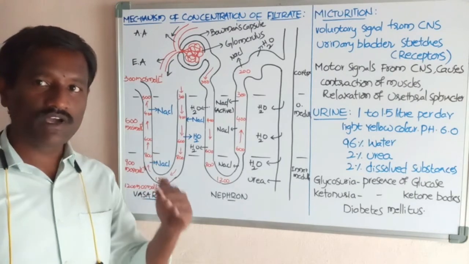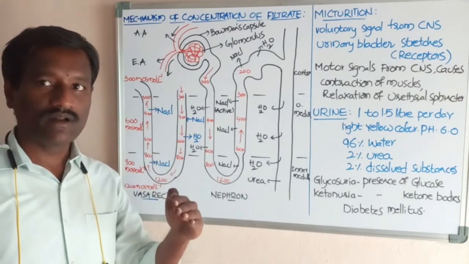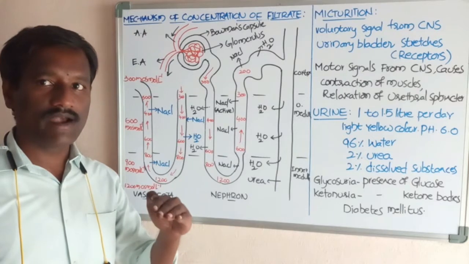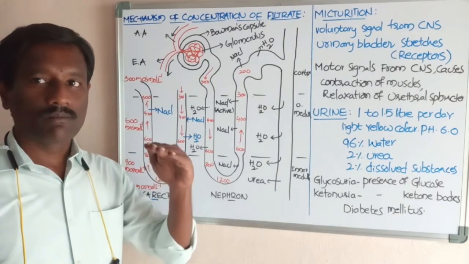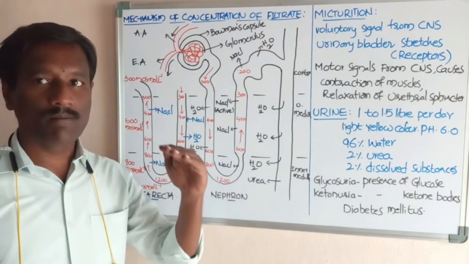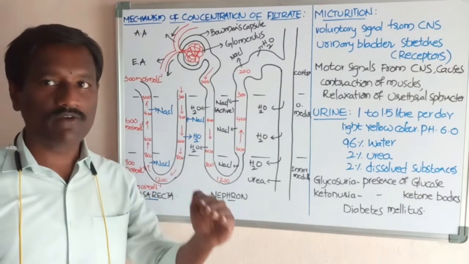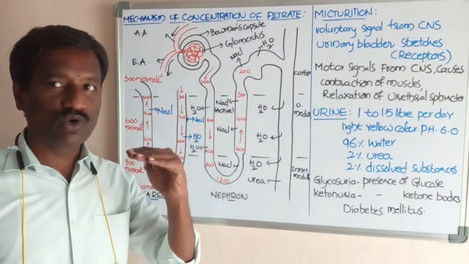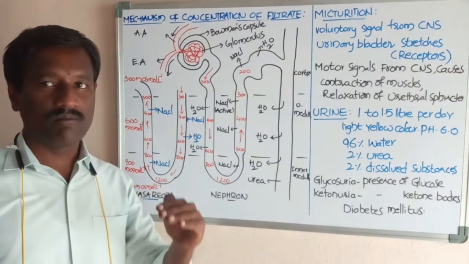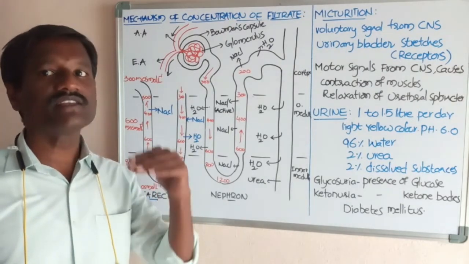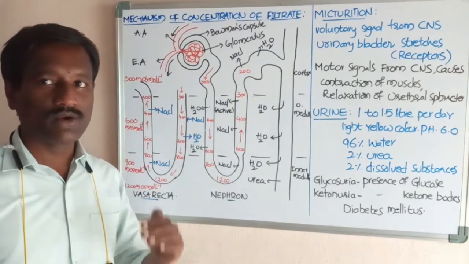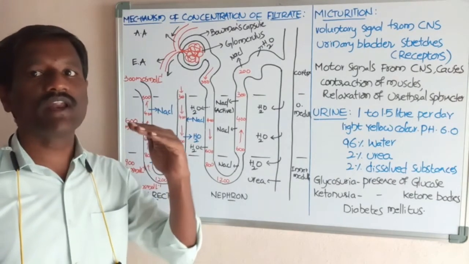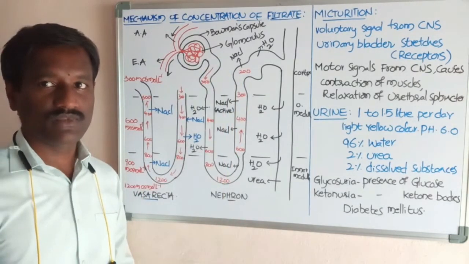The flowing of the urine and the blood through the loop of Henle and the vasa recta helps to maintain the increasing osmolarity towards the medullary interstitium.